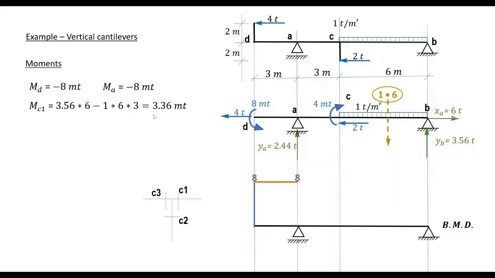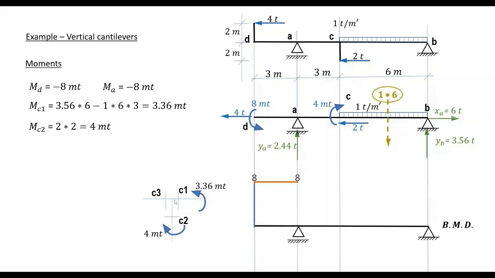And we'll simply plot this 3.36 on our notation here. To compute MC2, we simply go back to the cantilever here, and we have a moment 2 by 2 with a tail on the side shown here.